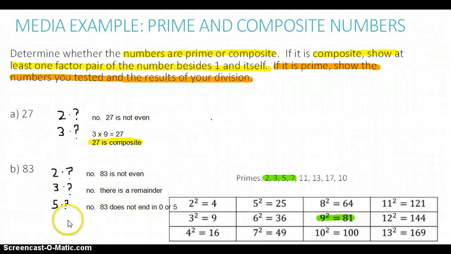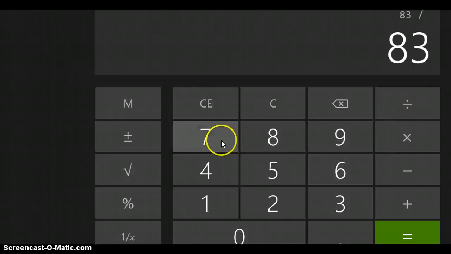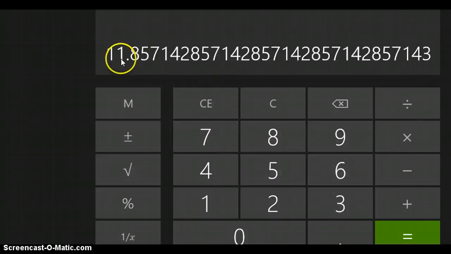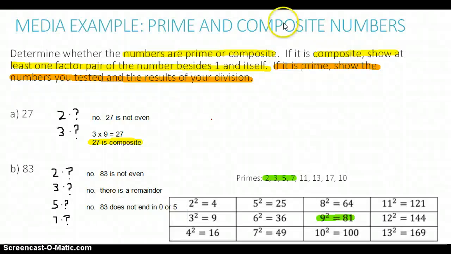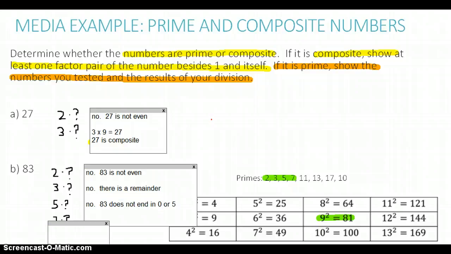Now we have one more to check, 7. So I'm going to go to the calculator for 7. 83 divided by 7 is 11 with a remainder because there's a decimal. So we're going to write for 7, no, there is a remainder.